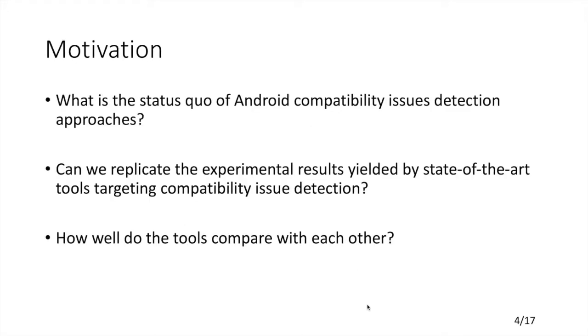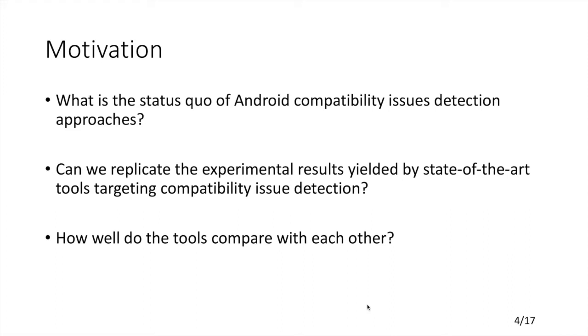To address these issues, there has been a great deal of research in analyzing the compatibility issues of Android apps. In the area of static analysis, researchers have proposed various automated approaches to pinpoint one of the most common issues, the API-induced compatibility issue.